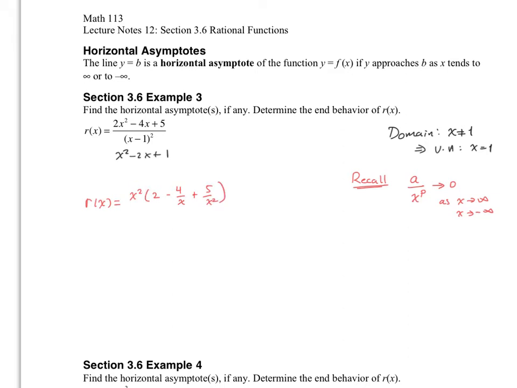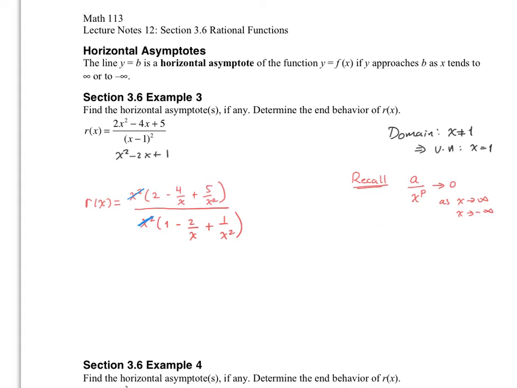Again, if you multiply this times that, you get this, and so on, and you will get the original. Then do exactly the same thing on the bottom. So this will be x squared times 1 minus 2 over x, and then plus 1 over x squared. Exactly the same thing. And then you can see that the x squared will cancel out.